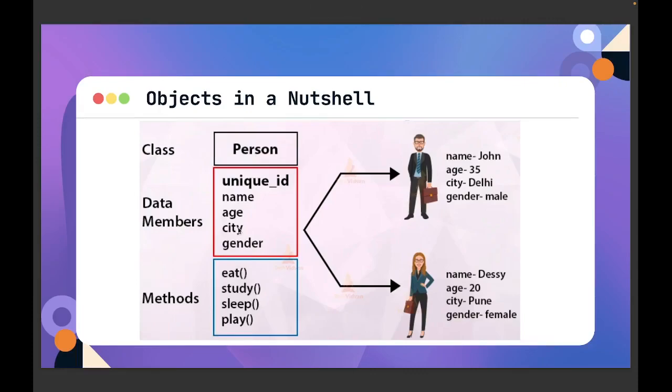Another example, another term. If you create a person class, you have the data members: unique ID, name, age, city, and gender. Then it has methods or functions: eat, sleep, study, and play. Think of it if you have played The Sims. That's how they model the characters.